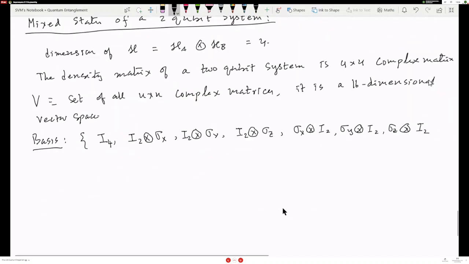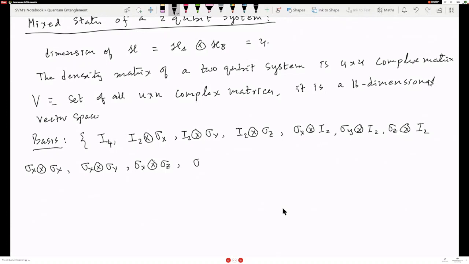And then you can have matrices of this type, that is sigma x product sigma x, sigma x product sigma y, sigma x product sigma z.